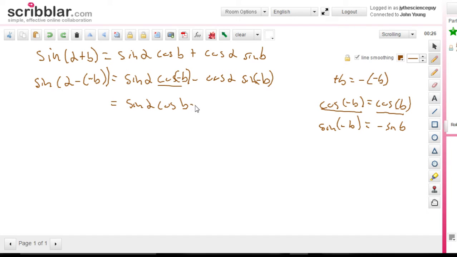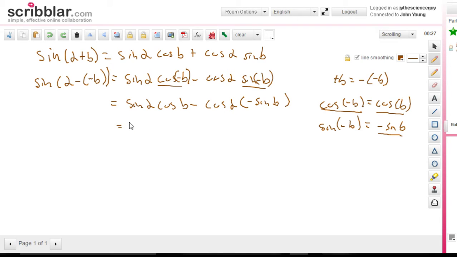And then I have minus the cosine of alpha, and this one is the same as that one, so I can multiply this by a negative sine of beta. Now my angle went from negative to positive, but I had to multiply it by a -1. So I have this -1 there, and I have that negative sign there. So let me switch these two around so you can see it, because I can switch the two trig functions around.